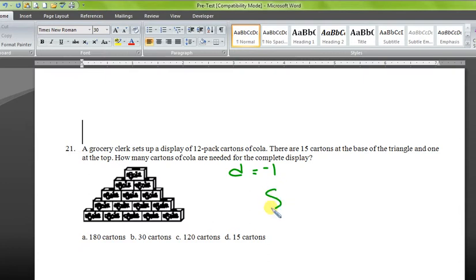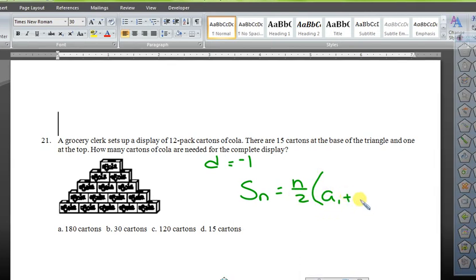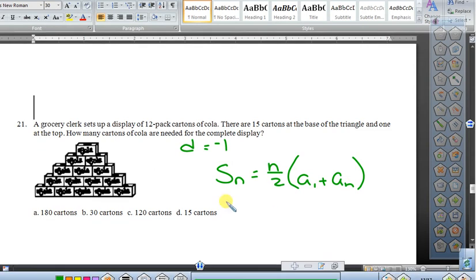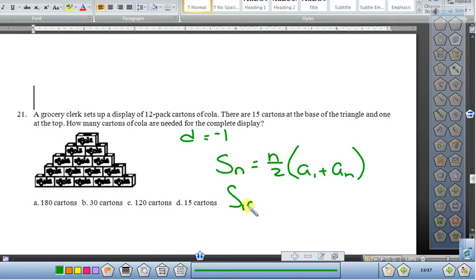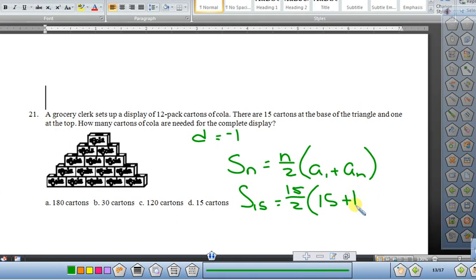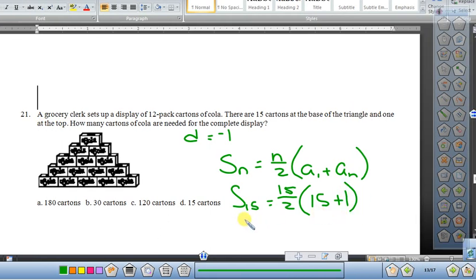And the arithmetic sum is n divided by 2, first term plus the nth term, the last term. So we're looking for the sum of 15 rows. So we're going to place that 15 over 2. The first row has 15 cartons in it, and the last row has 1 at the top. And so when you put this into your calculator, you're going to get 120.